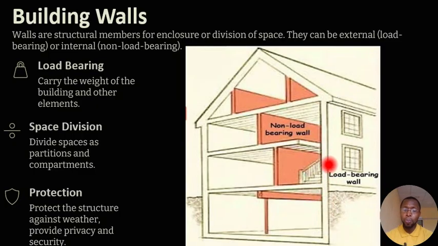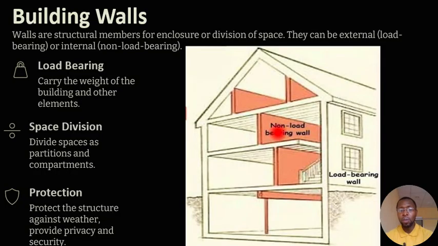So any reason to pull away this load-bearing wall or the external wall, the building collapses. On the other hand, we have the non-load bearing wall, also known as the internal wall. This is just simply for space division.